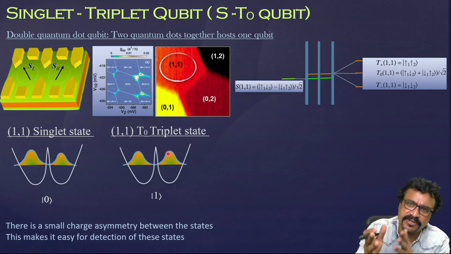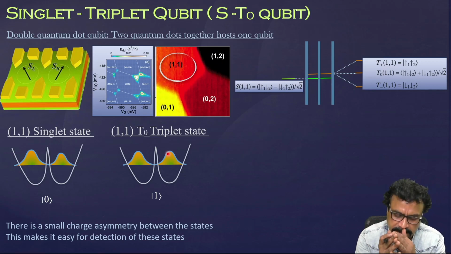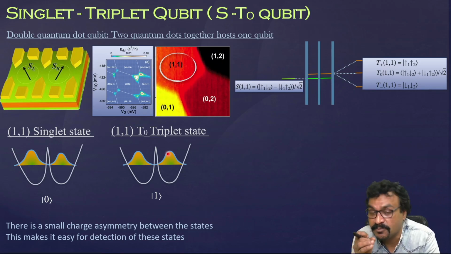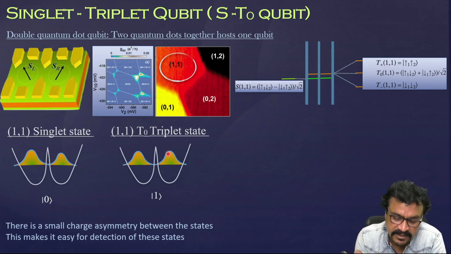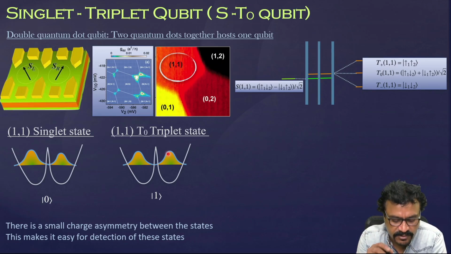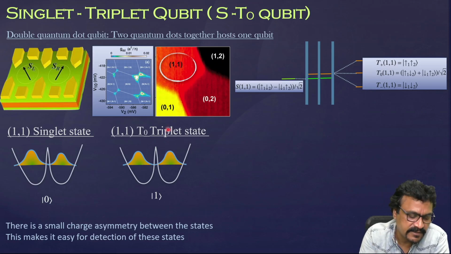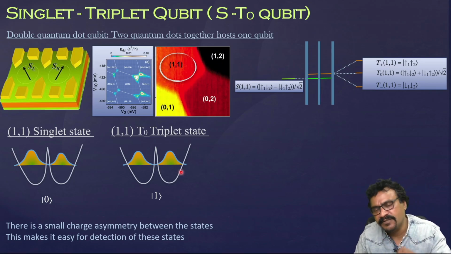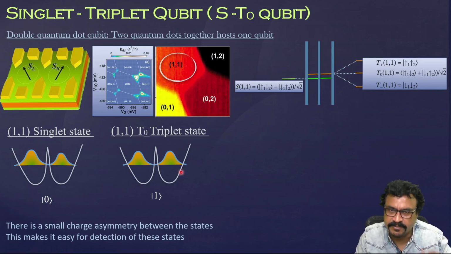So, it is not going to affect the state. That means it is more resilient and less prone to decoherence which affects both dots, which is a major advantage when you talk about qubits or quantum computation. Secondly, this difference in the charge distribution also will enable you to manipulate and distinguish these two states. But the point here is you need 2 dots, not 1 dot to represent the qubit.